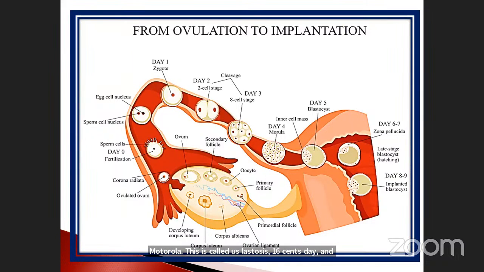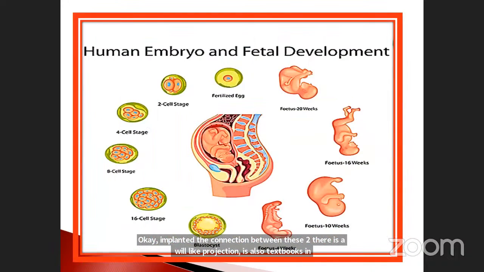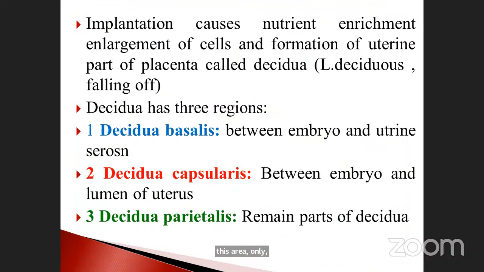Implantation, this is the exact position, the animal pole, and the endometrium started. Once implanted, the connection between these two, the villi projection, also takes place in this area only.